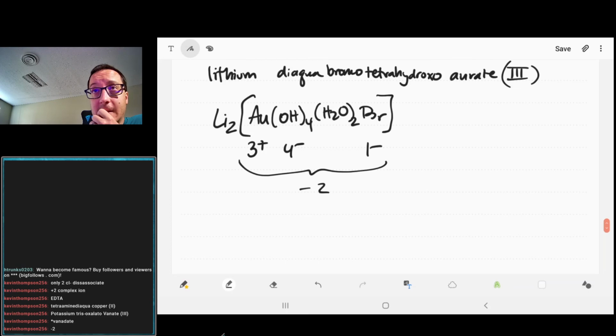What else do I want to talk about here? I think we're good. So we've had all this fun naming stuff here. We have a little bit more to talk about with the naming when we talk about isomer types. So we're going to throw cis and trans in there occasionally as well.